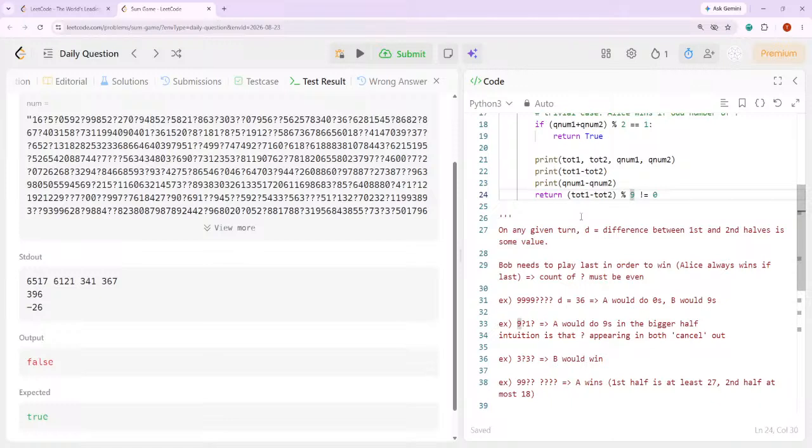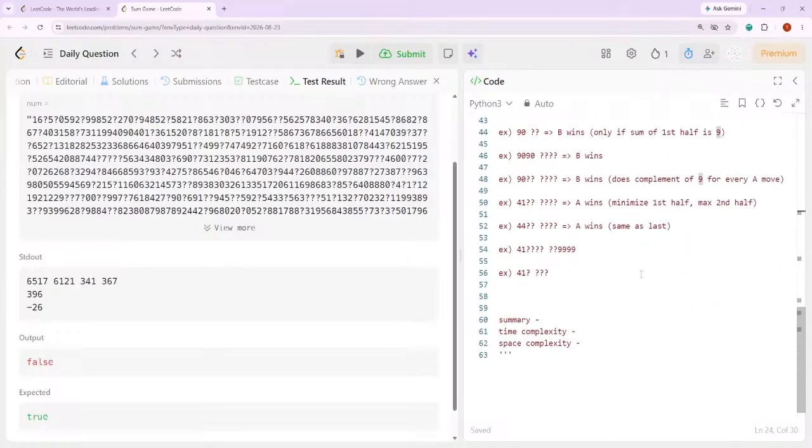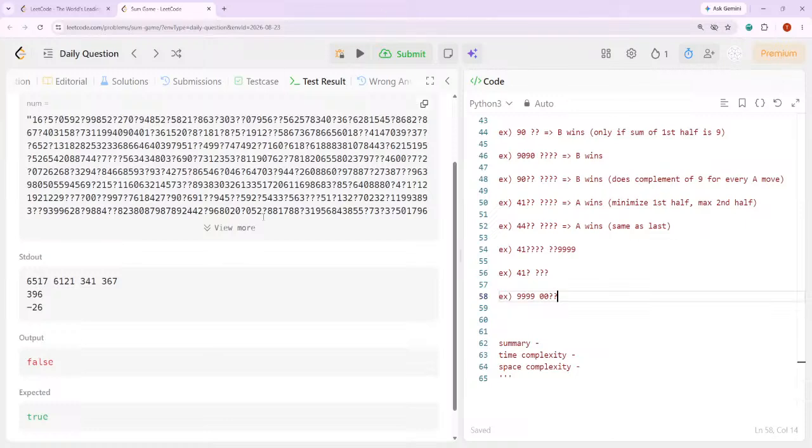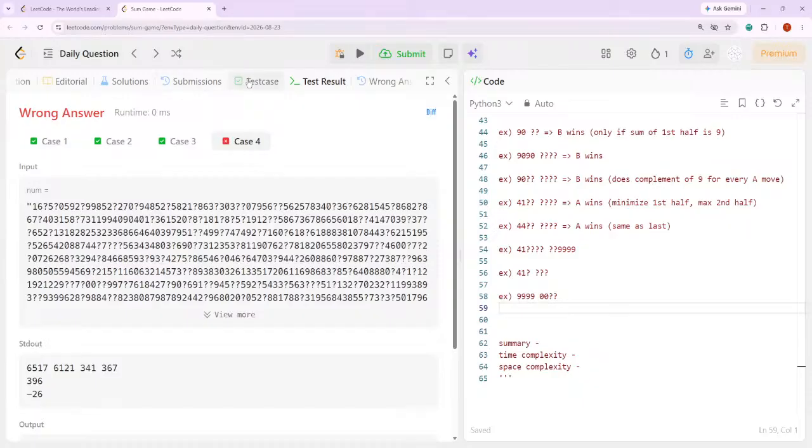If it's a multiple of 9s, if it's possible, that still doesn't work, right? Because it could be something like this. Like even if it's a multiple of 9, it's still not here. I think this test case is something I do wrong.